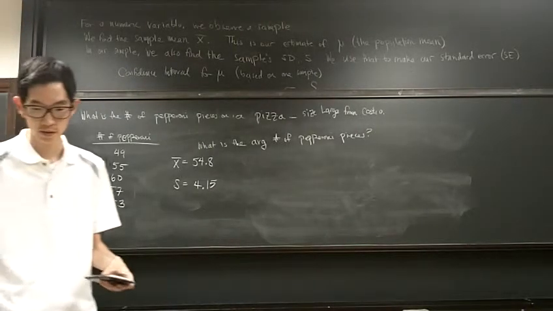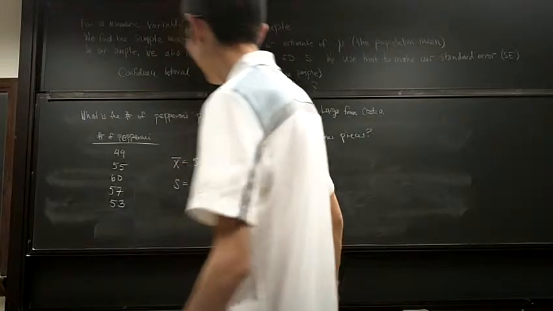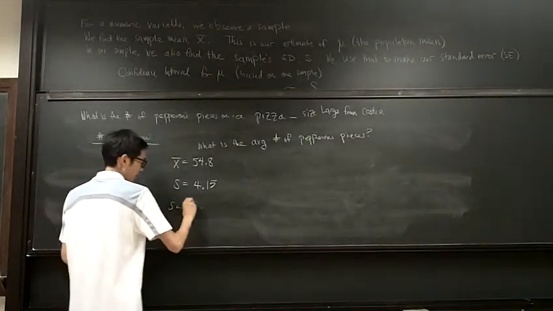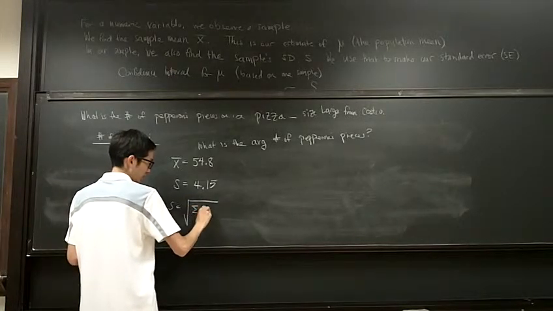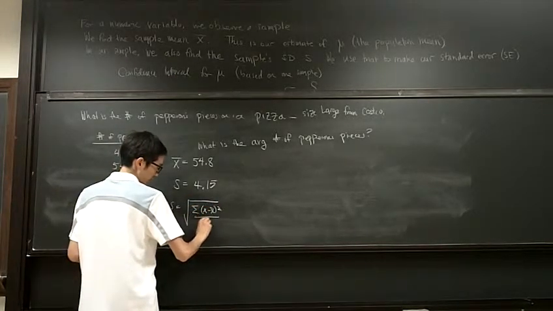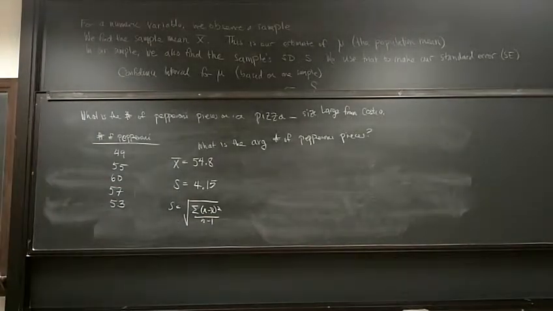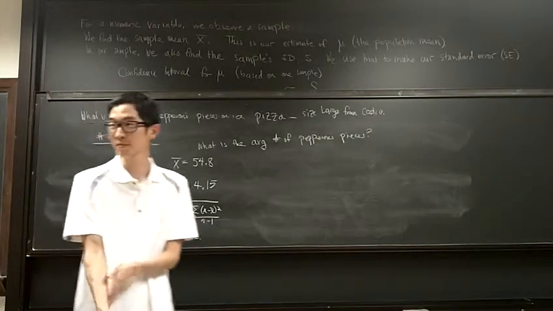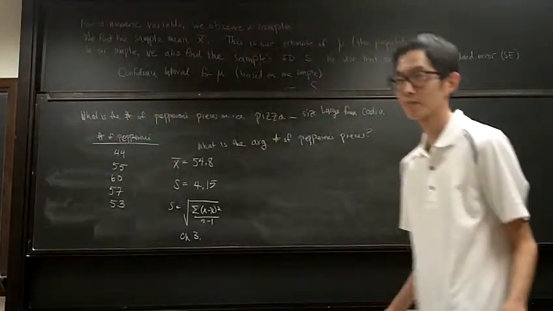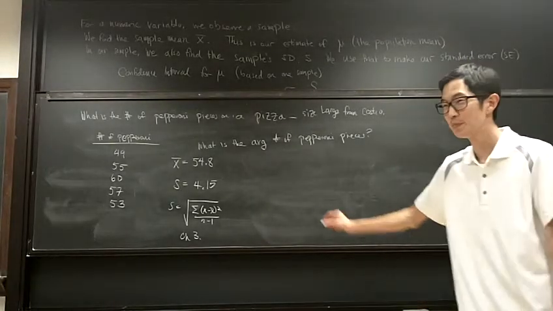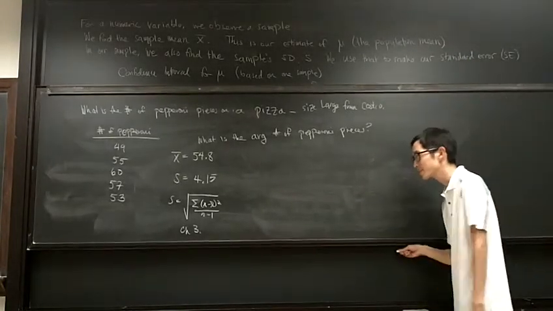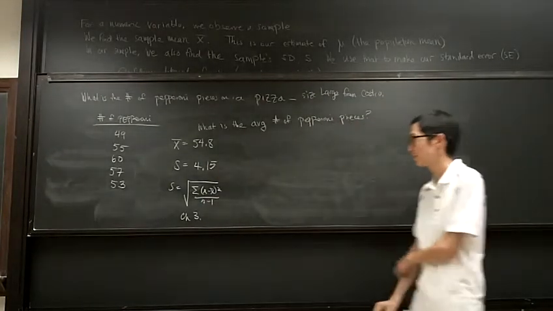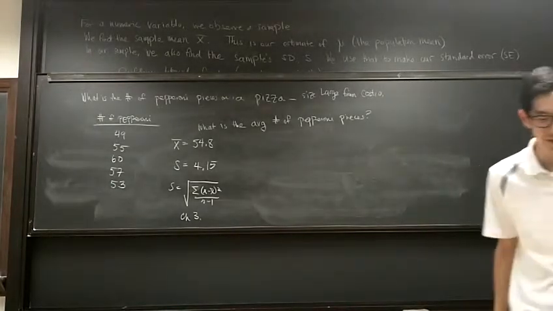Is this the original standard deviation from chapter 2? Yeah, this is the original standard deviation. We remember this from chapter 3. Anyway, I did this quickly and we got 4.15, I think. It doesn't really matter for this.